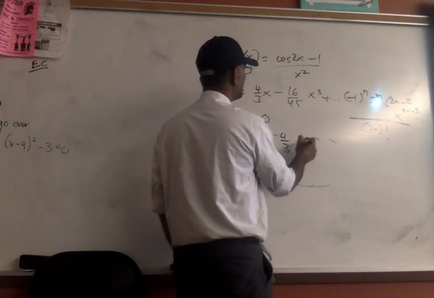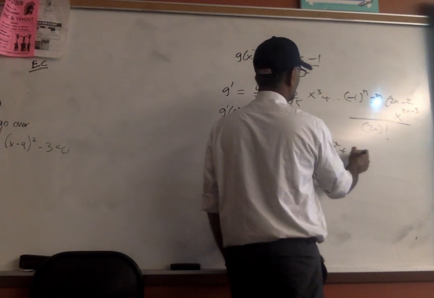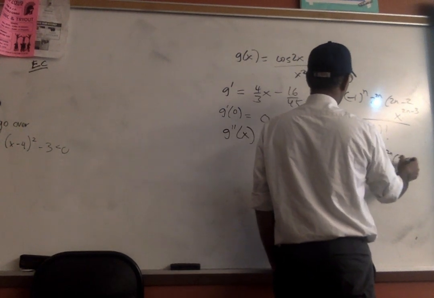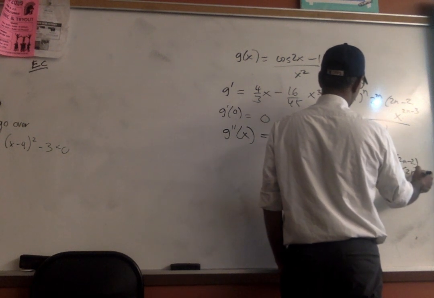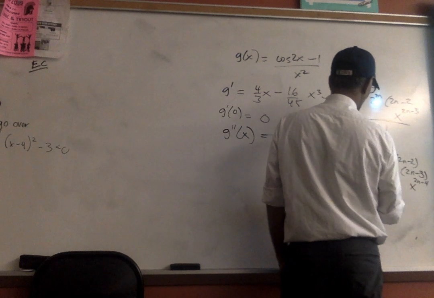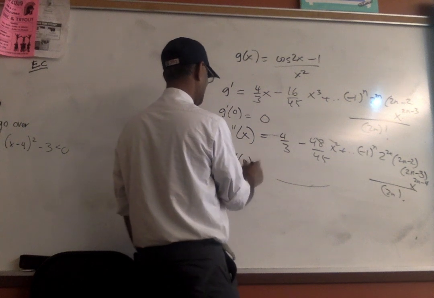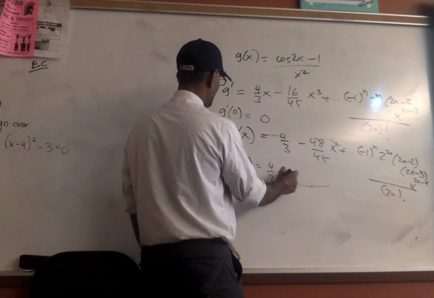Okay, 4/3 minus 48 over 45 x squared plus dot dot dot, negative 1 to the power of n, 2 to the power of 2n, 2n minus 2, 2n minus 3, x to the power of 2n minus 4, over 2n factorial, and g double dash of 0 is 4/3, which is greater than 0.